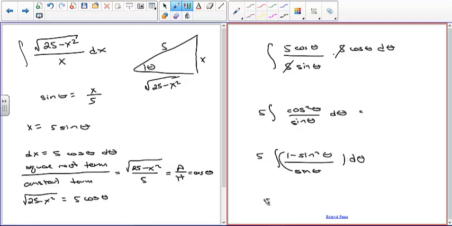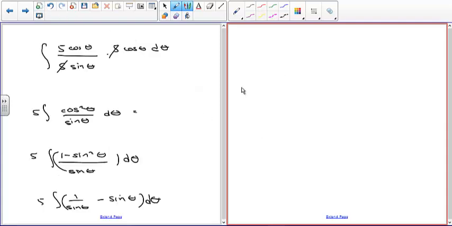And so then the first term, you'd have 1 over the sine of theta, and then you'd have minus the sine of theta, d theta. And 1 over the sine is the cosecant.